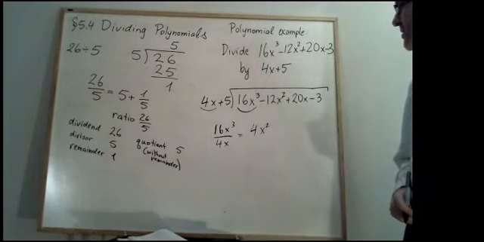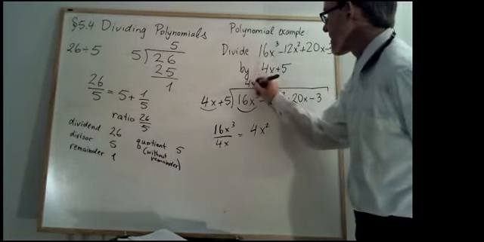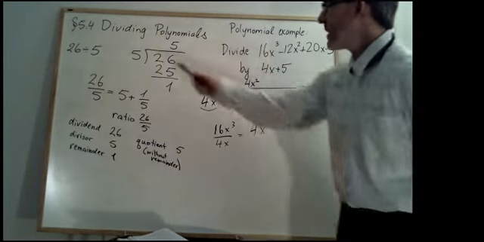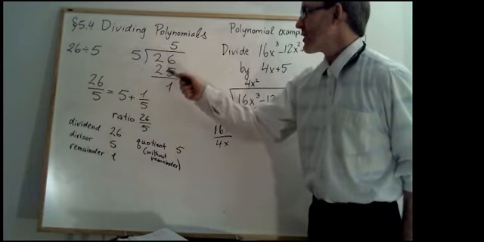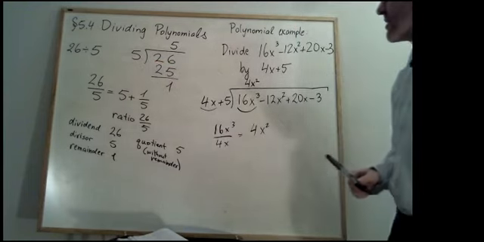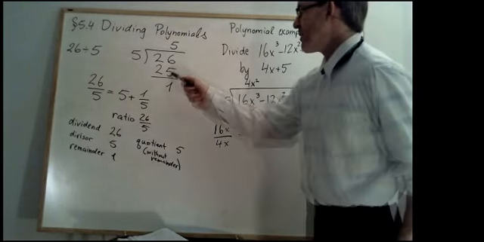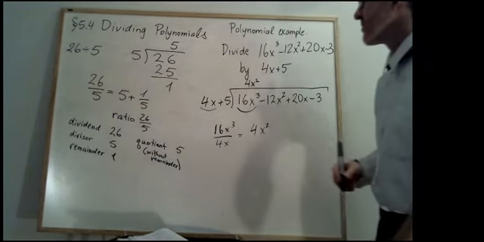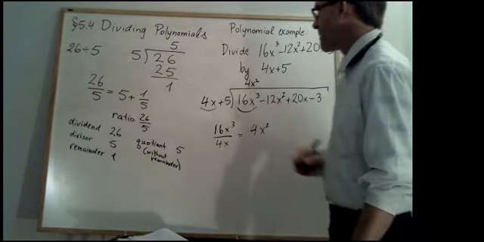Reduced to 4x squared. That's what I put up here. That's just like dividing by 5 and looking for the maximum multiples of 5 that will go in there without going over.